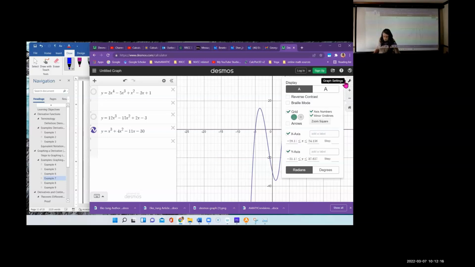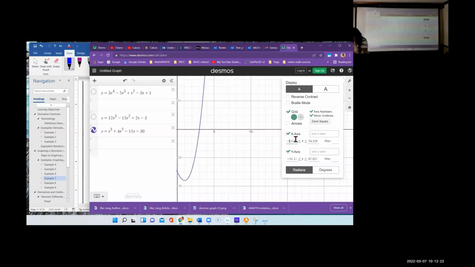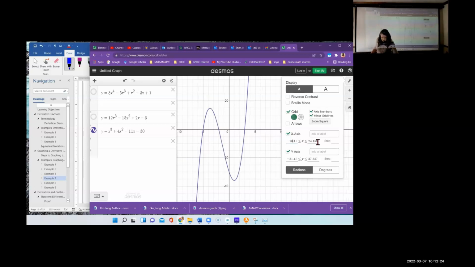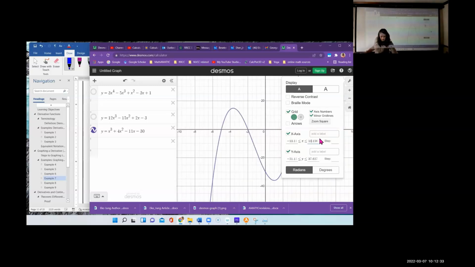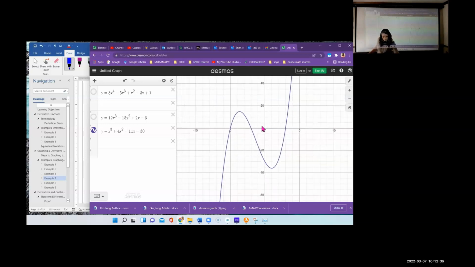And let's pull it apart a little bit. Let's go -10 to 10. All right. There, that's a little better. Okay, and the derivative. There's the derivative.